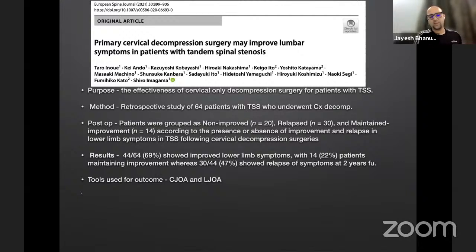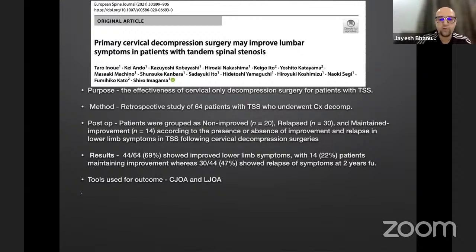Right. And the same thing is said in this study, which was published recently in 2021 in ESJ. This study had 64 patients with tandem stenosis who only underwent cervical decompression. Out of the 64 patients, 44 showed improved lower limb symptoms, and the remaining patients maintained those improved symptoms.